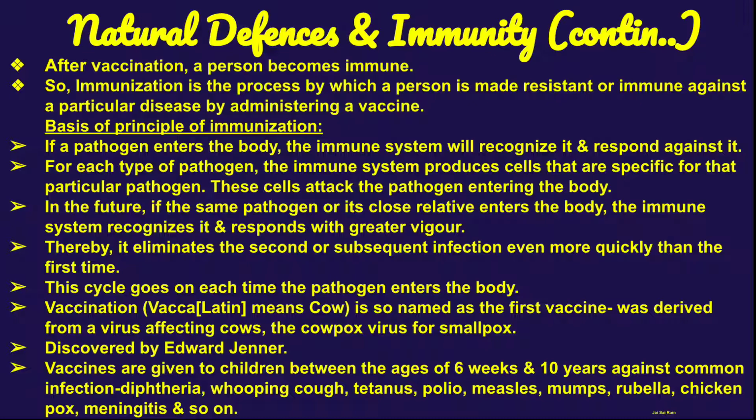Now, vaccines are given to children between the ages of 6 weeks and 10 years against common infections like diphtheria, whooping cough, tetanus, polio, measles, mumps, rubella, chickenpox, meningitis, and so on. There are lots of vaccines given from childhood, from birth onwards.